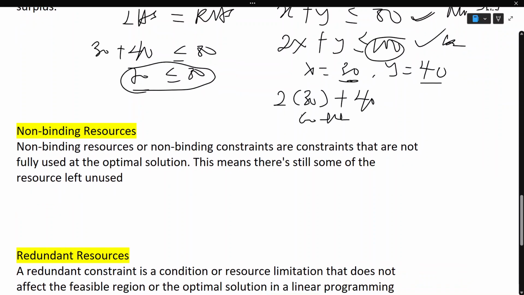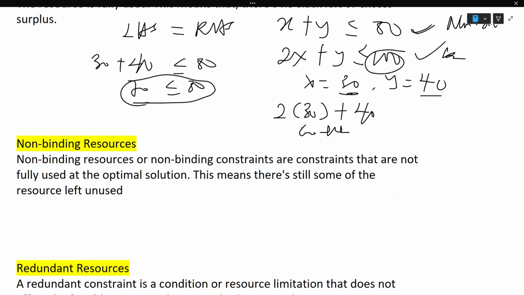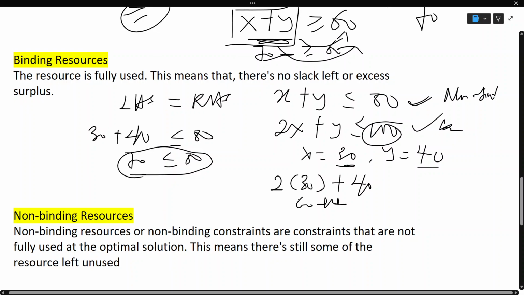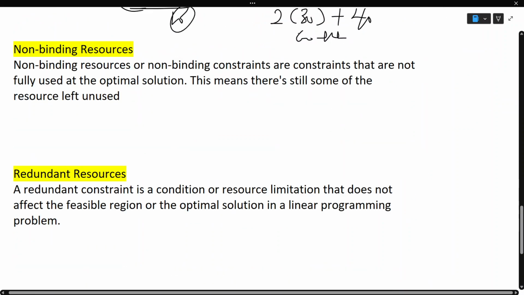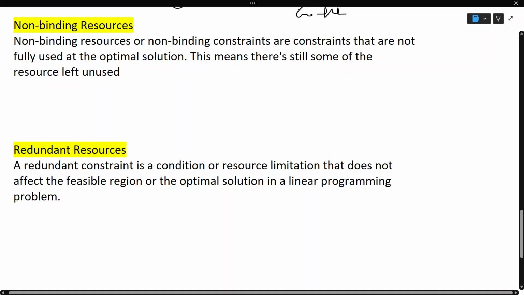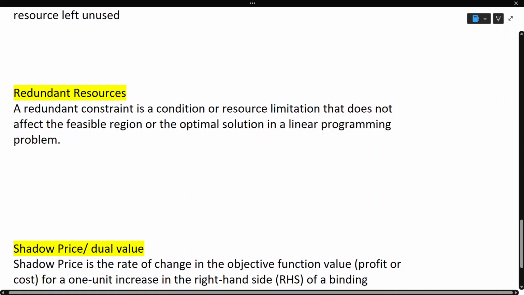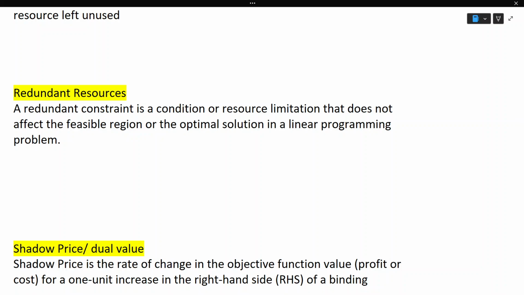The non-binding resources are not fully used at all, and as a result, we have some surplus or slack in them. As indicated in our example here, 70 is less than the limit, so we have slack. Redundant resources don't affect the optimal solution of the linear programming problem.